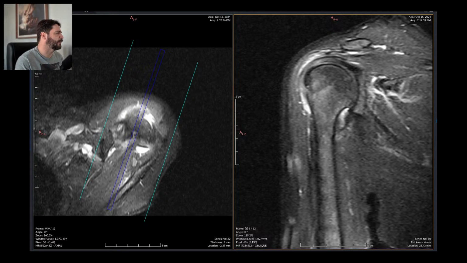So let's go for a report now. There is a moderate joint effusion with synovitis.